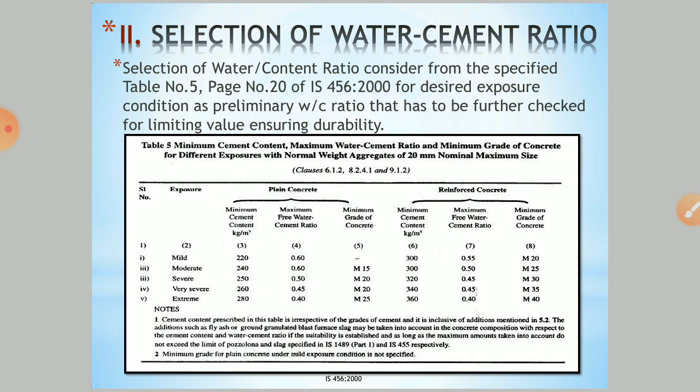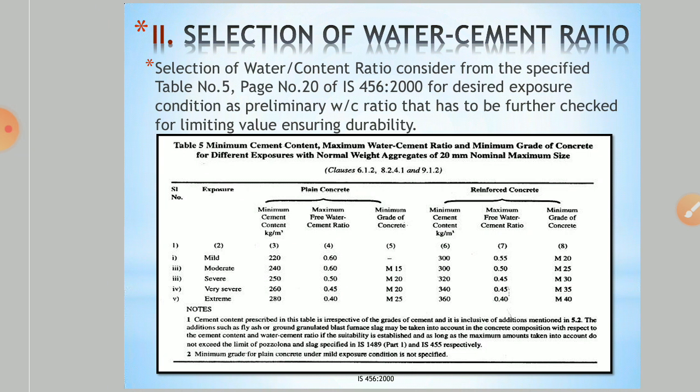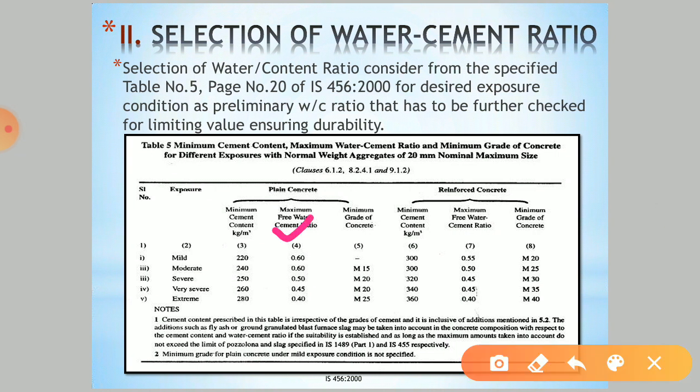By your experience you will come to know what the water cement ratio is. These are the maximum limits that you should use. Free water cement ratio is given over here. This is for PCC, this is for RCC.